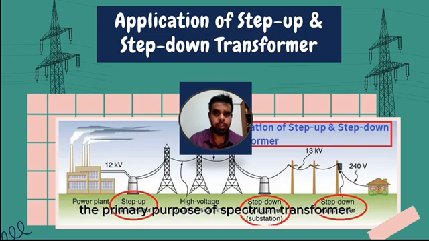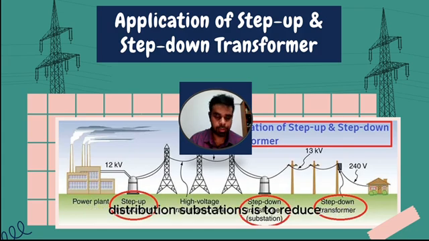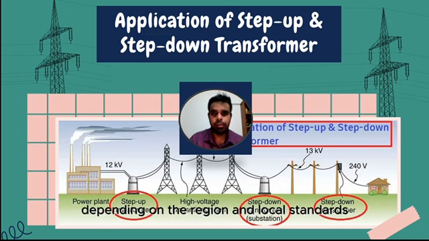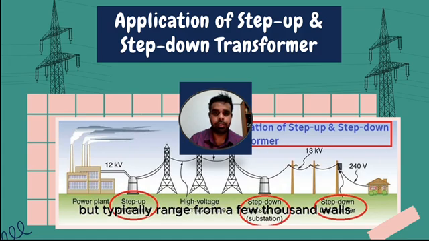Their primary purpose at distribution substations is to reduce the voltage to levels suitable for safe and efficient distribution to consumers. Common distribution voltages vary depending on the region and local standards, but typically range from a few thousand volts to a few hundred volts.